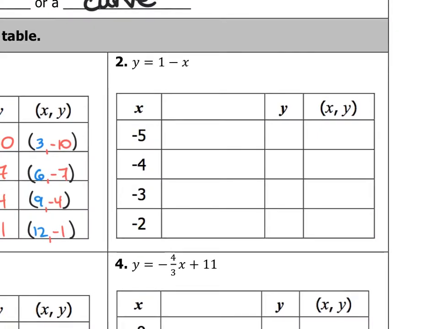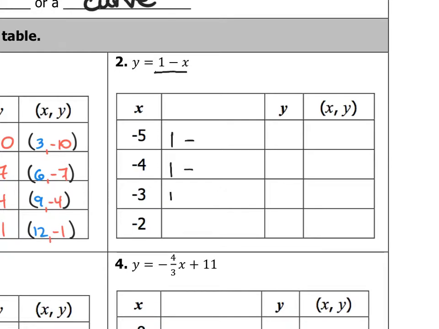I have y equals 1 minus x. The x values they've given me are negative 5, negative 4, negative 3, and negative 2. So I'm going to take my equation and substitute each of those in for x. Now notice this time the right side of the equation starts with 1 minus, and then we see the variable. So I need to start each time with 1 subtract my x value.